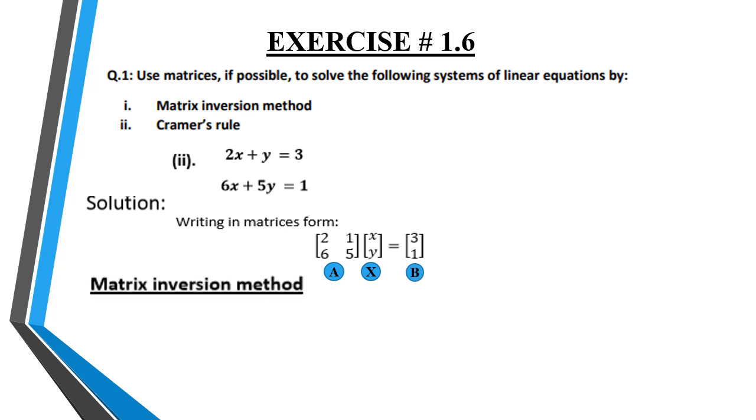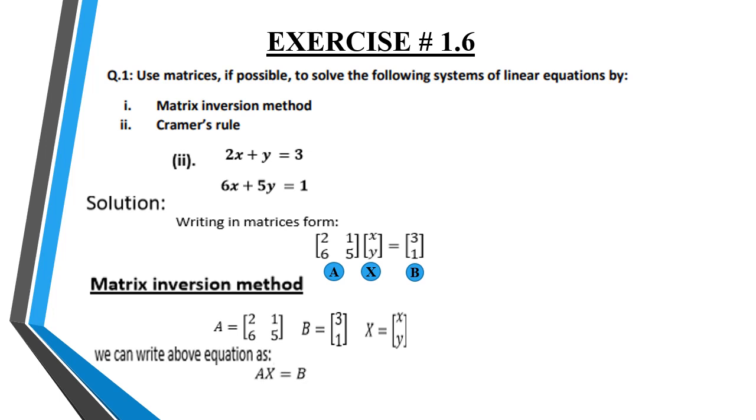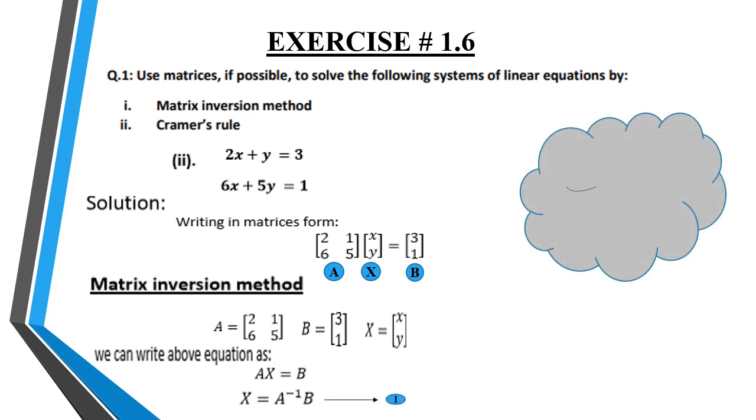For matrix inversion method, first we have to write in matrix form A, B and x. You can write the above equation as Ax is equal to B, where x is equal to A inverse B. How? We can see this diagram. For Ax is equal to B, A is multiplying with x.